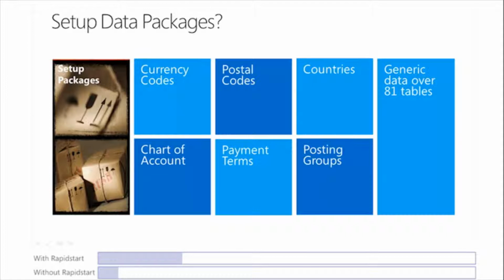What is that? A setup data package is basically a number of pre-saved data for 81 tables, generic data which includes currency codes, postal codes, countries, chart of accounts, payment terms, posting groups, and so on. So basically data that is already coming with Microsoft Dynamics NAV, so each customer does not need to sit and key that in.